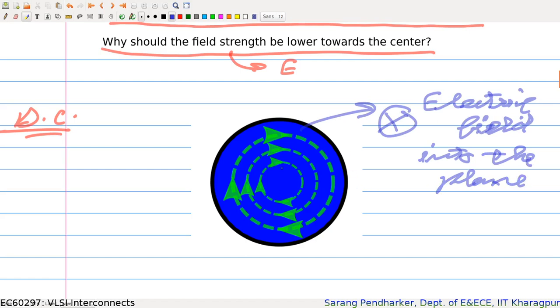of this paper. Right now, if my electric field is going into this plane, it will also introduce a current which will also be going into the plane. So there will be a current throughout.